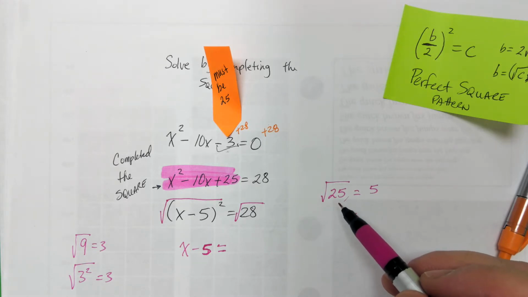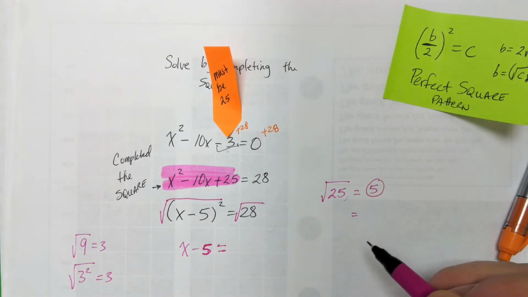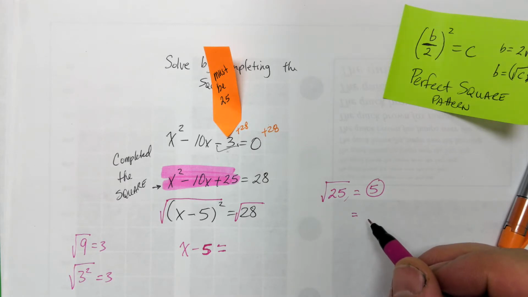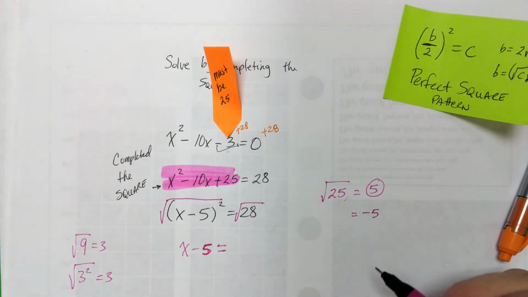So if you just think what number times itself equals 25, 5 is one answer, right? But what else times itself could equal 25? Negative 5. Negative 5 times negative 5 is positive 25.